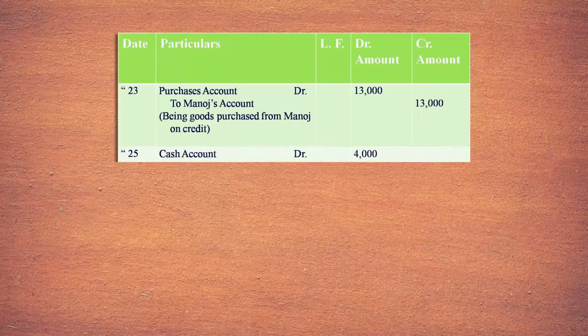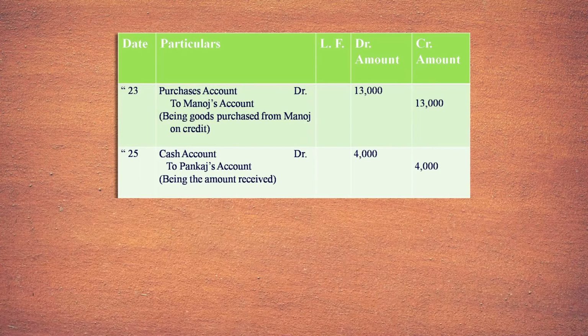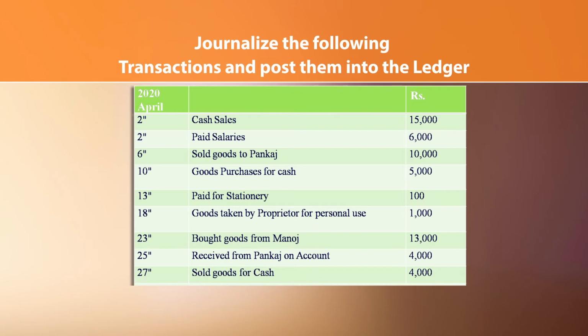Here Mr. Pankaj is the giver because he is making the payment to our business, giving the money to us, therefore his account must be credited. You can see it: cash account debit to Pankaj account 4,000 rupees. Now again we go back to the transaction.